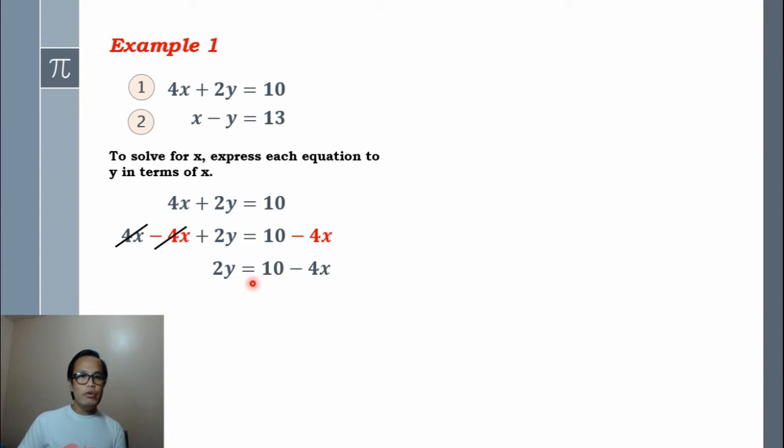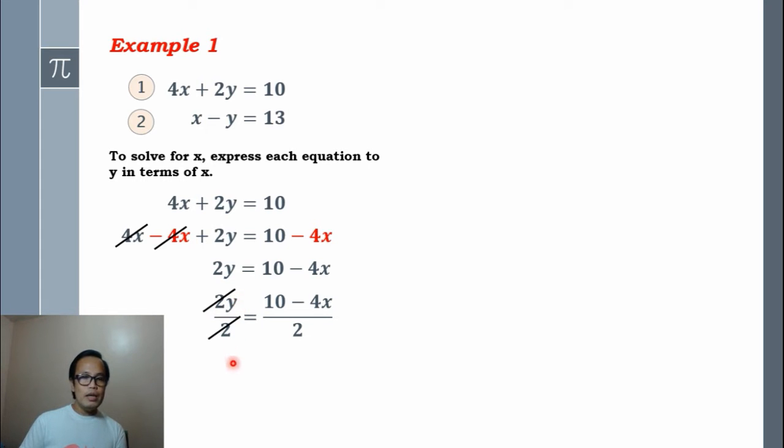Now, since we are only going to solve for y in terms of x, we need to eliminate the 2. In order for us to eliminate the 2 as the coefficient of y, we need to divide both sides of the equation by 2. So that's why we have here over 2 and over 2. This time, we can cancel out the 2.